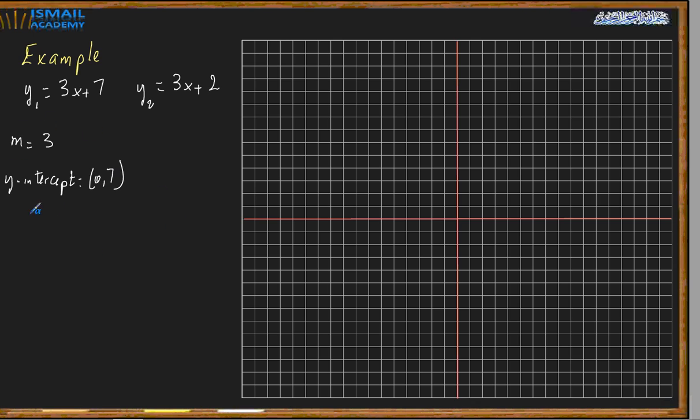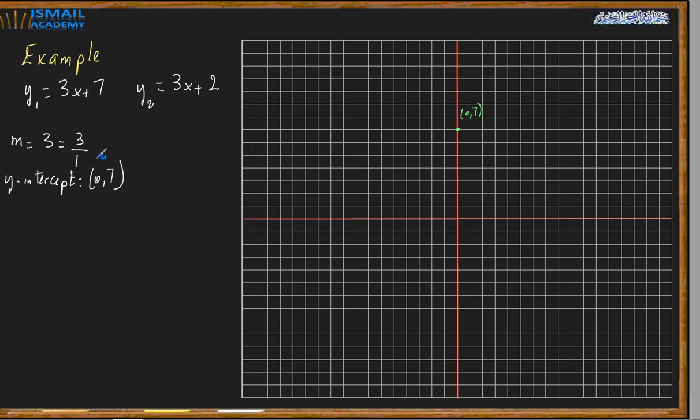So I'm going to draw this line. We know that the slope is 3 over 1, so I'm going to use the slope-intercept form to draw my line. I locate my point (0, 7): 0, 1, 2, 3, 4, 5, 6, 7. This is the point (0, 7).